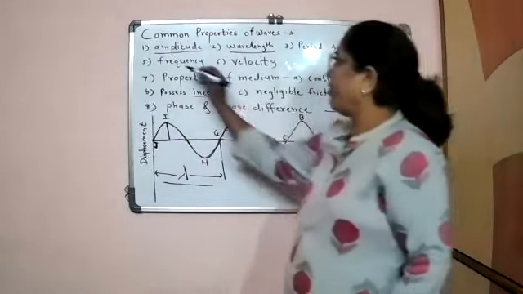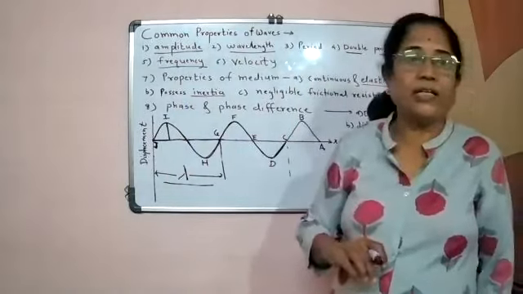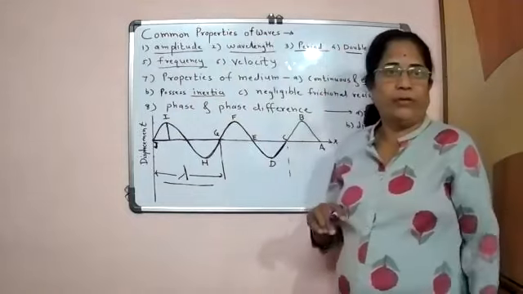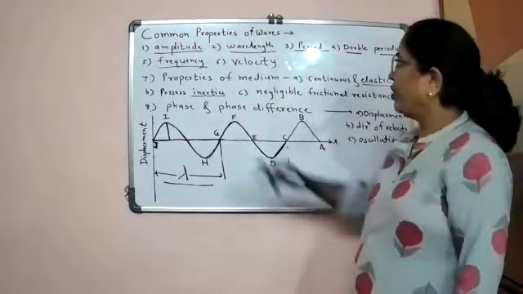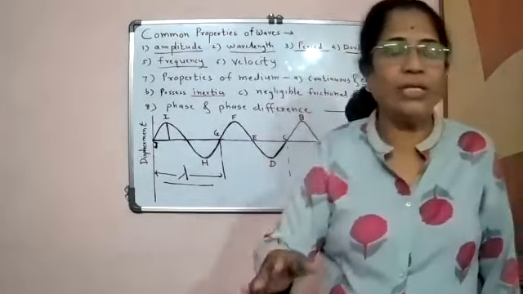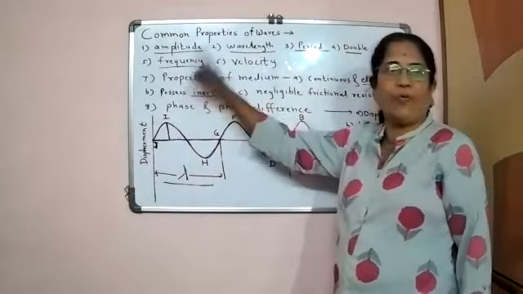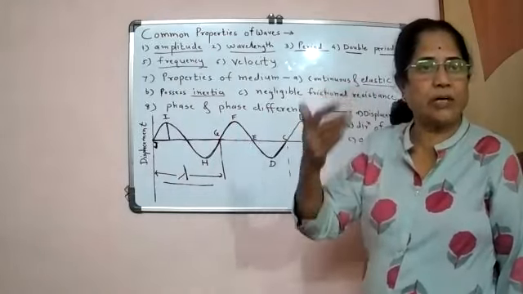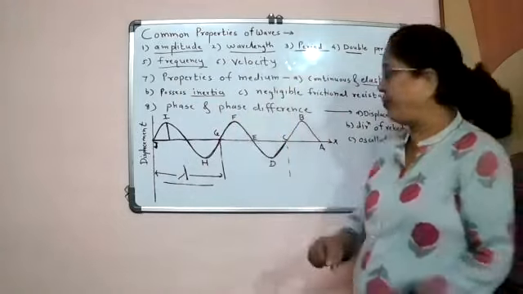And then frequency. Frequency is the reciprocal of period. So what is frequency? The number of oscillations completed per unit time is the definition of frequency.